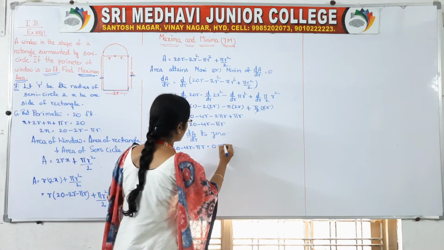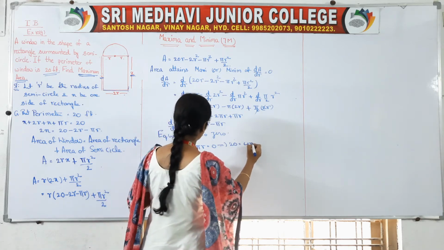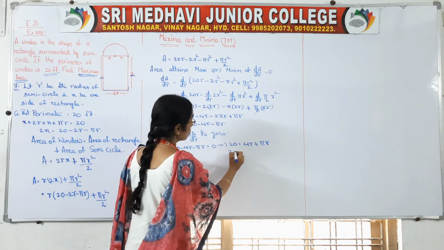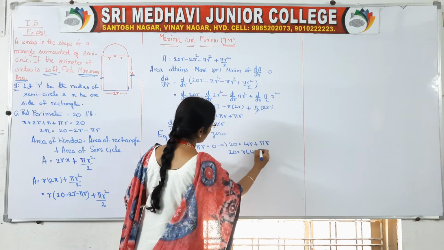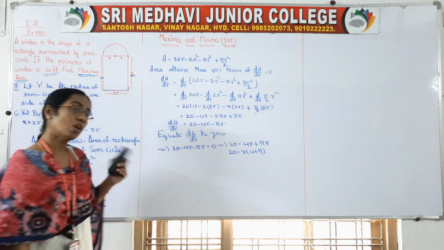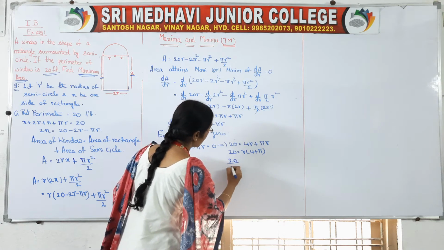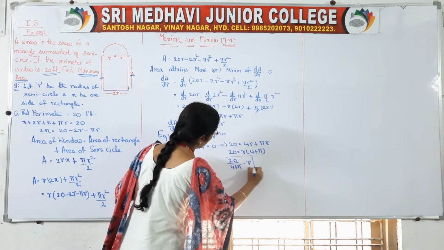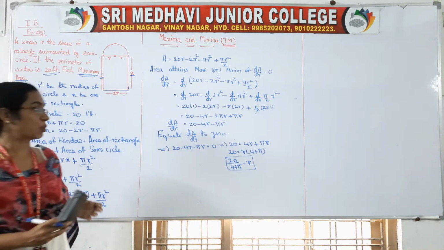Implies 20 is equal to 4r plus pi r. So 20 is equal to r into (4 plus pi). So what will be our r value now? 20 by 4 plus pi is equal to r. We got our small r value.